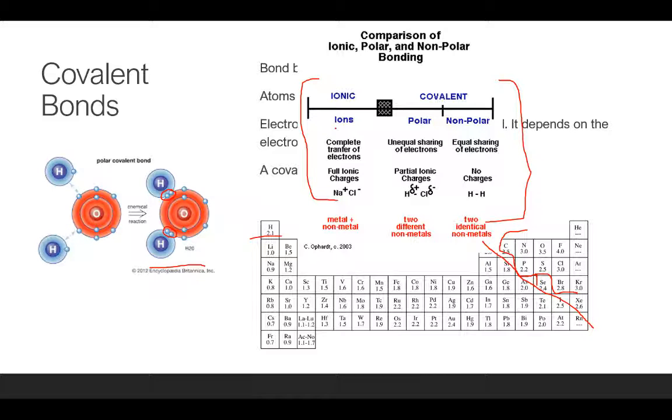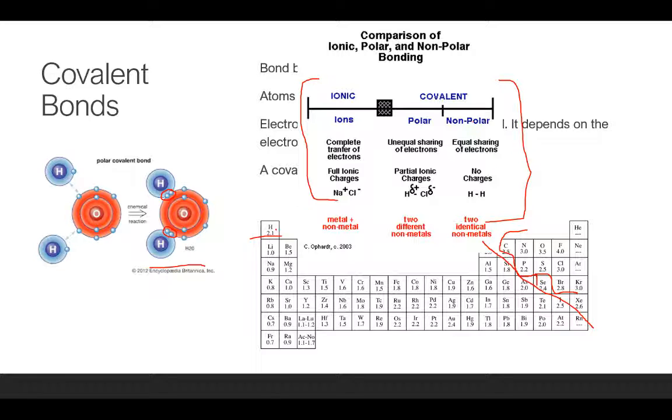Ionic bonds will only happen between a cation and an anion, so you'll have a metal and a nonmetal. And that's when we have partial charges for polar, and then non-polar covalent, there's totally equal sharing, equal electronegativities, so there is no charge. So this would be like H2, H bonding with H, F2, F bonding with F.